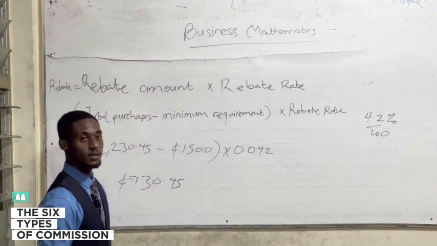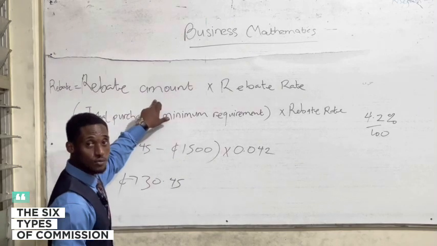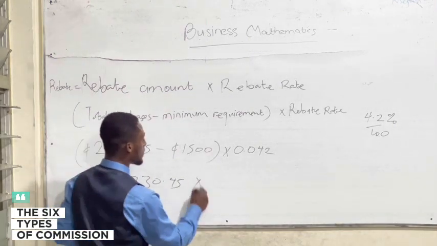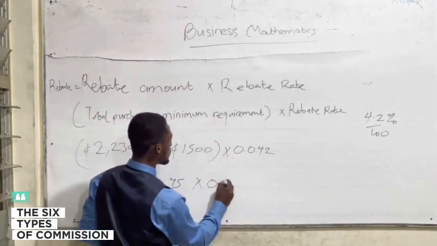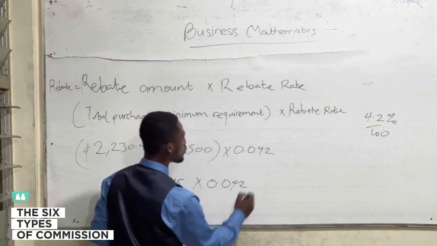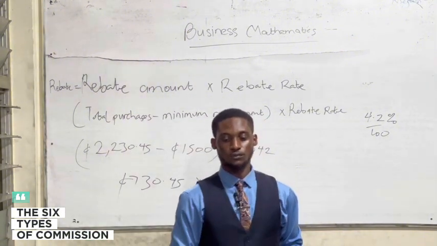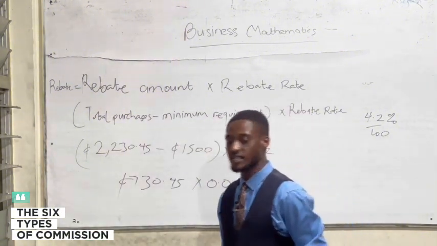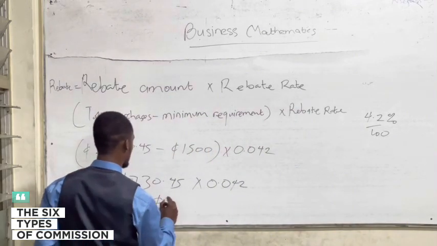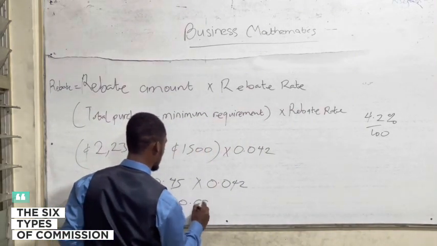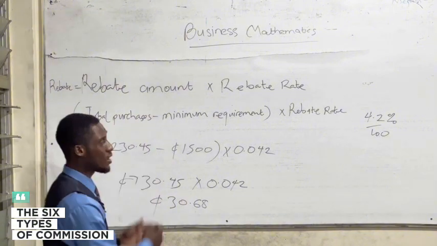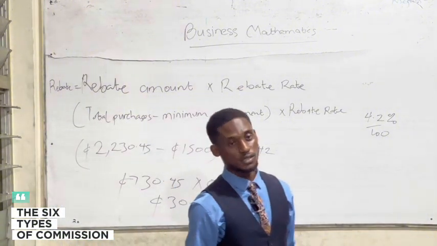See this as your rebate amount, and you multiply it by the rebate rate, which is 0.042, and you get 30.68. This is how rebate is calculated.